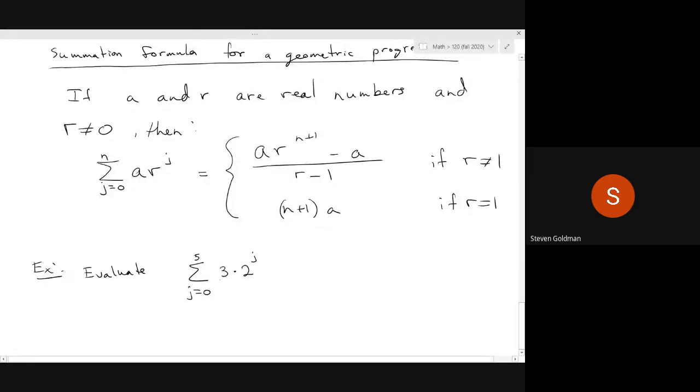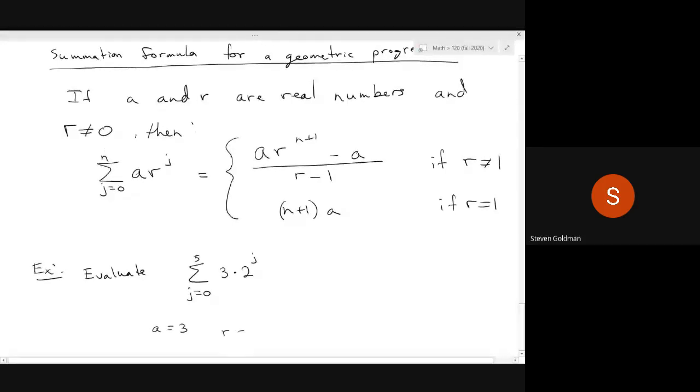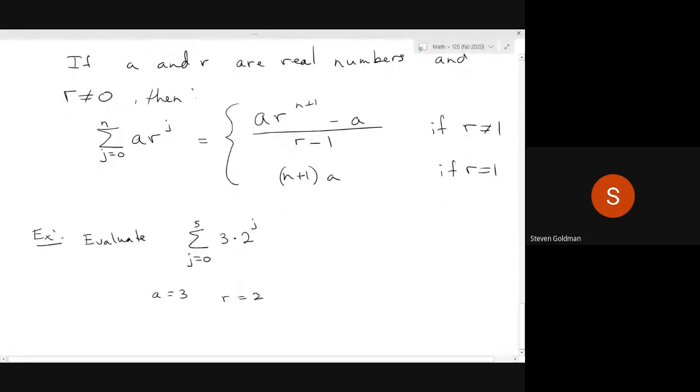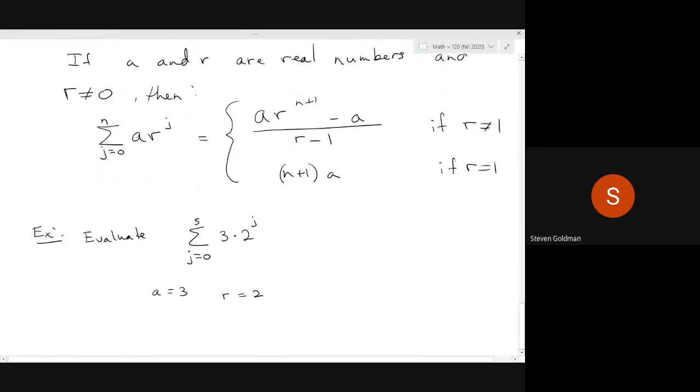It has an initial term A, which is 3, a common ratio R, which is 2. Here R is not equal to 1, so I'm going to use the first formula here.